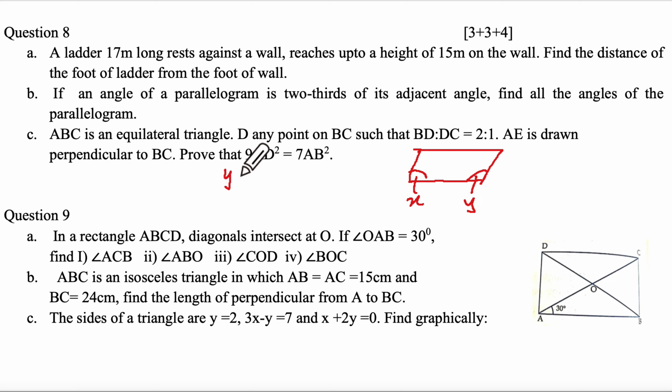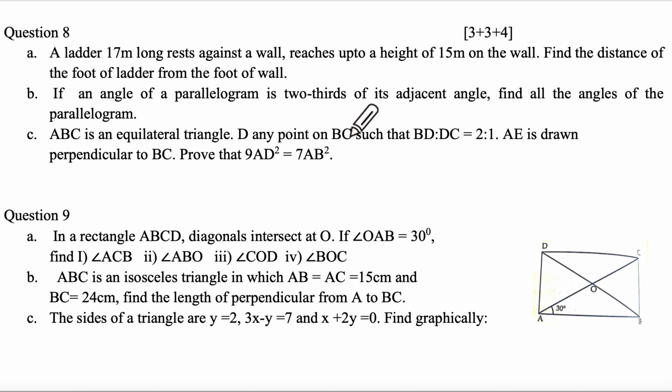So let y be equal to 2/3 of x. So x plus y equal to 180 degrees, correct? Because adjacent angle supplementary or co-interior angle supplementary. So x plus 2x upon 3 equal to 180 degrees. Is it doable? Tell fast. You can do it, right?